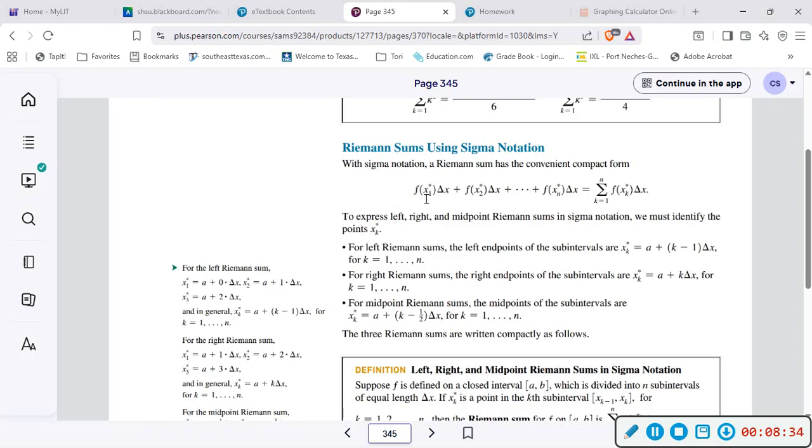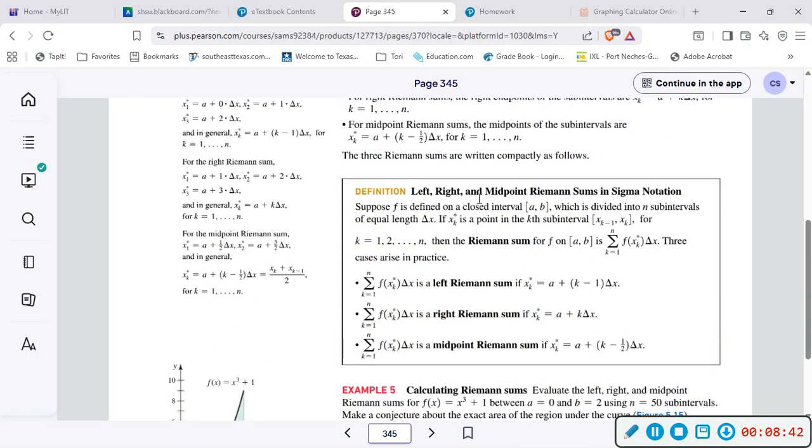But this is expressing a Riemann sum as a summation using sigma notation. And then you have it with right, midpoint, and left endpoints. This is what we would use for our function notation.